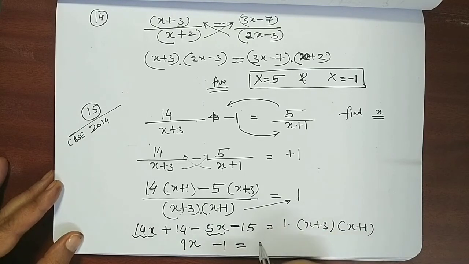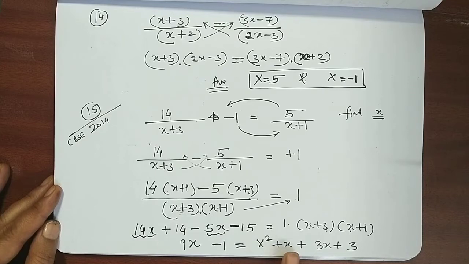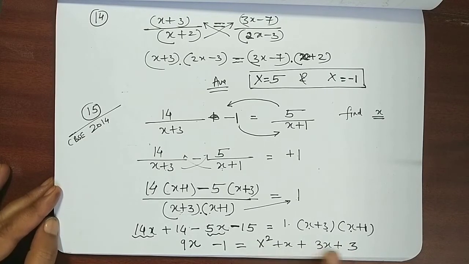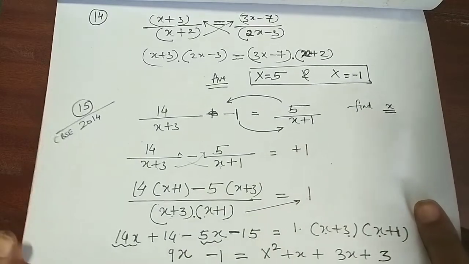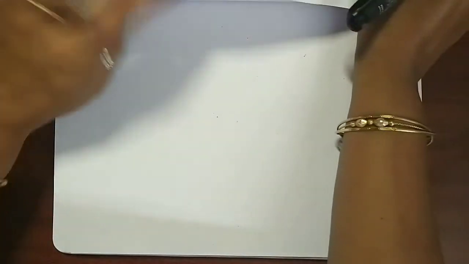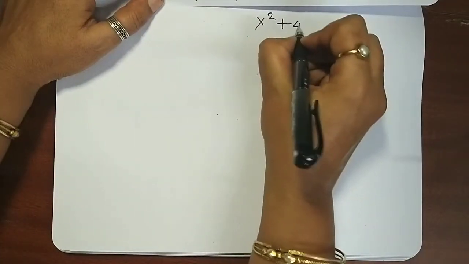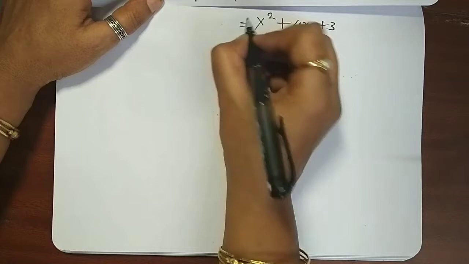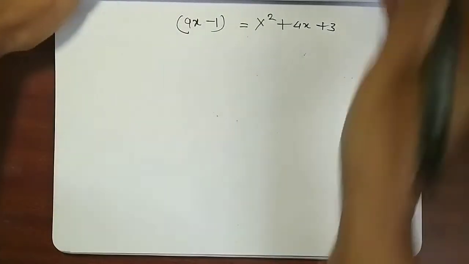We will multiply (x+3)(x+1): x times these two gives x squared plus x, plus 3x plus 3. So what I got is x squared plus x plus 3x plus 3, which is x squared plus 4x plus 3. Let me write it down. I am getting x squared + 4x + 3 = 9x - 1.